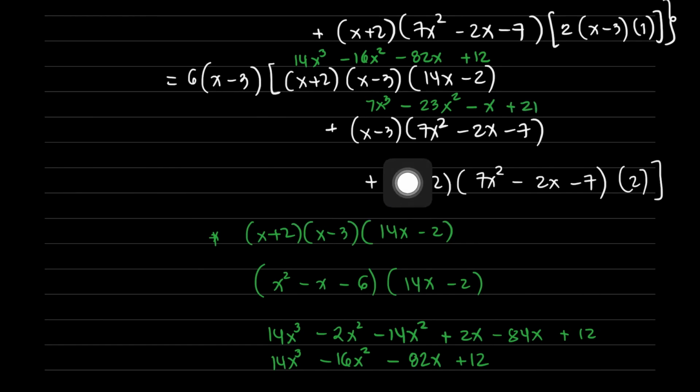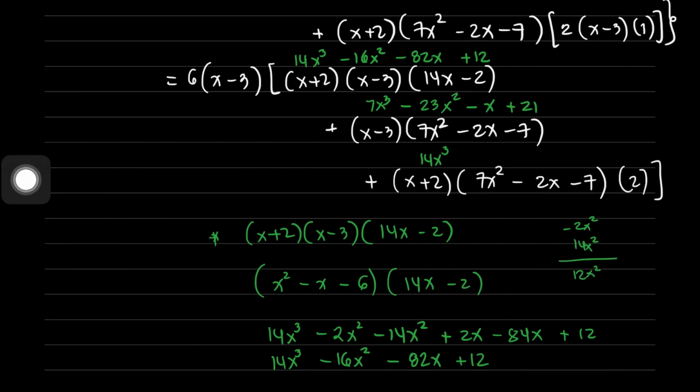And for this last term, we have x times 7x squared will give us 7x cubed times 2, so that would be 14x cubed. X times negative 2x, so that will give us negative 2x squared. Alright, so let me just write it here. And then 2 times 7x squared, that will give us positive 14x squared. So if we're going to add the 2, we have 12x squared.